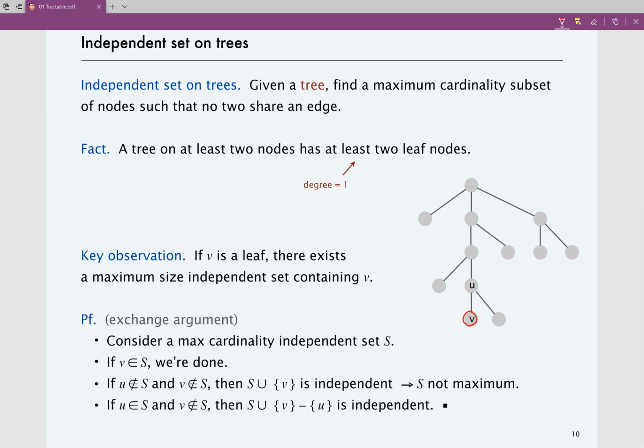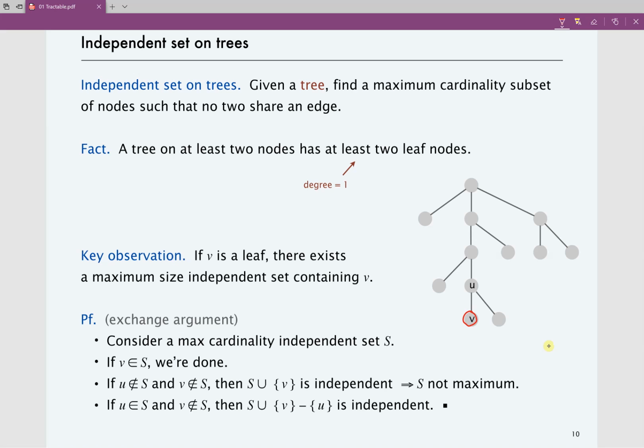We take u out of S and add v into S. And now this is still an independent set, because by adding v we cannot possibly conflict with any other vertices. The only neighbor of v is u, because v is a leaf. So we can definitely just take u out and add v in.